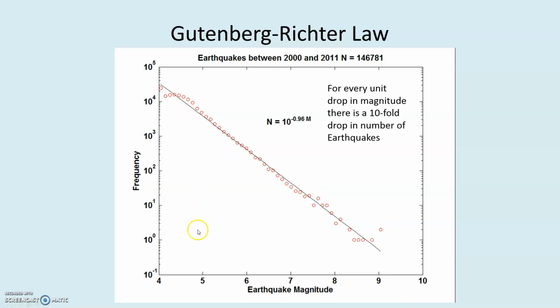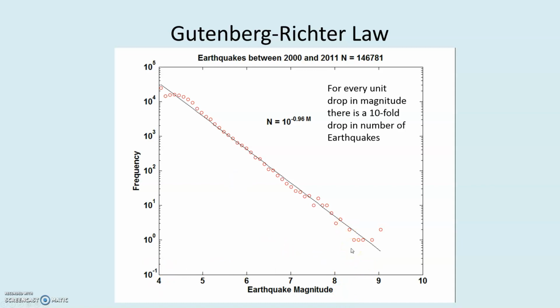And what you see is for every drop in a magnitude of an earthquake, you get a tenfold decrease in the number of earthquakes. So for instance, if we say we've got about 1,000 magnitude 5 earthquakes, that means we'll have about 100 magnitude 6 earthquakes, about 10 magnitude 7 earthquakes, about 1 magnitude 8 earthquake, and so on downwards.